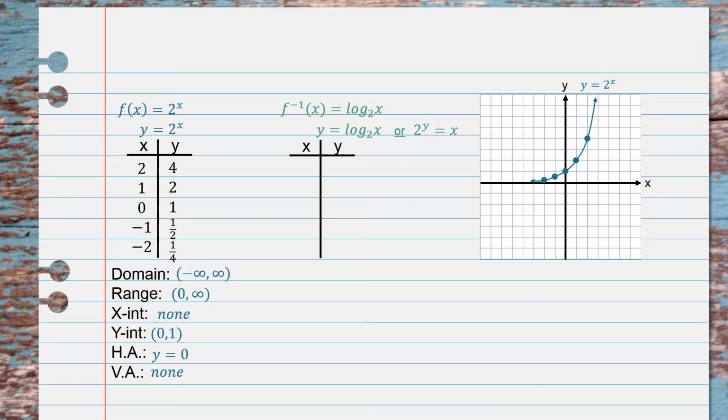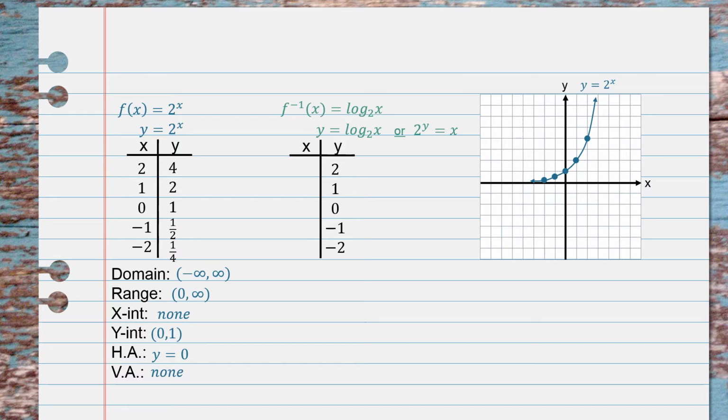Again, we are going to create a t-chart, and looking at the exponential form of 2 raised to the y power equals x, let's choose our values in our t-chart, but this time it will be our y values. So again, I want some positive, 0, and negative. 2, 1, 0, -1, and -2.